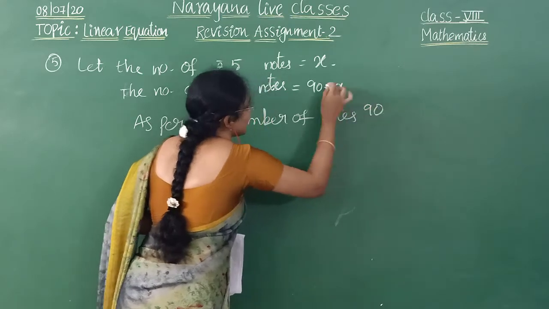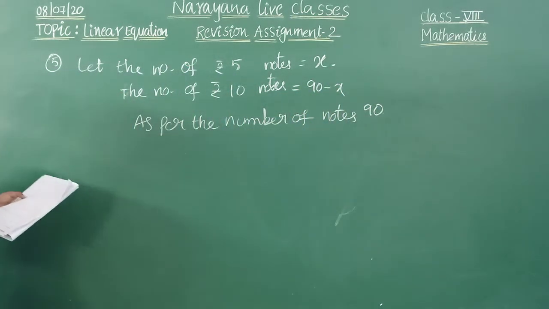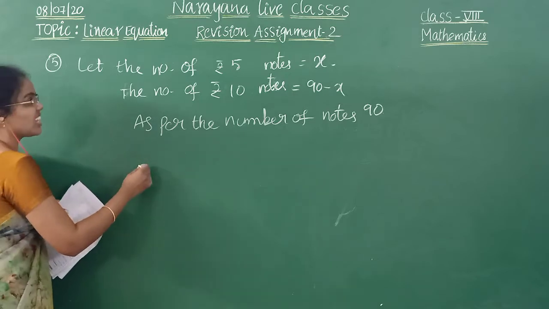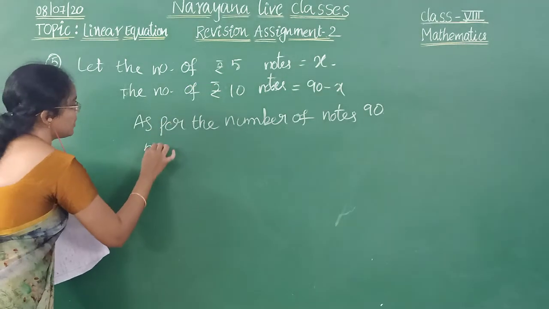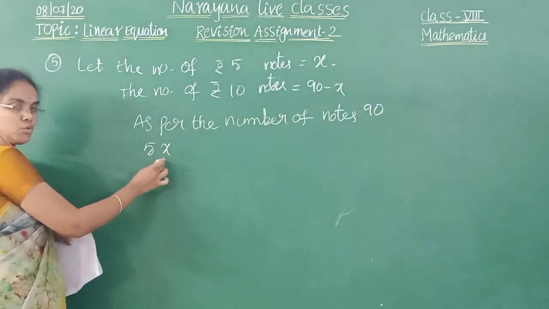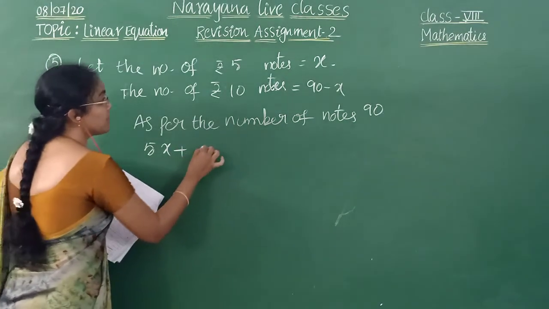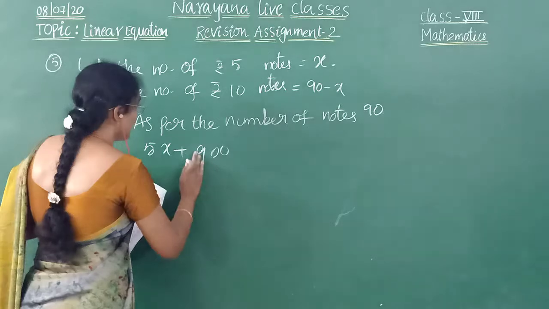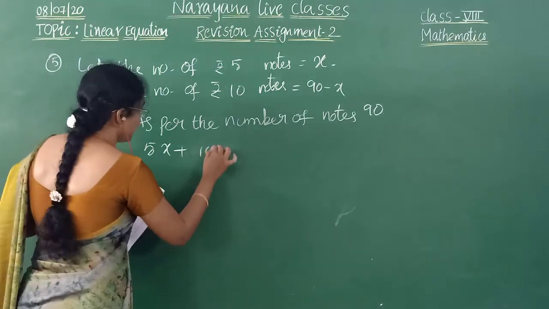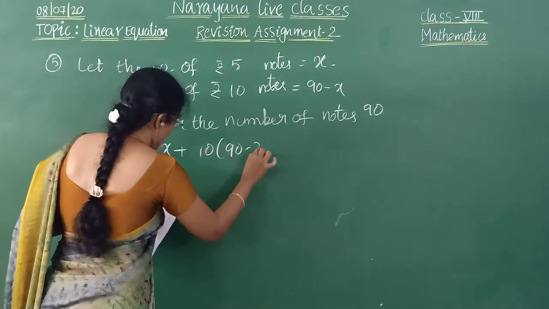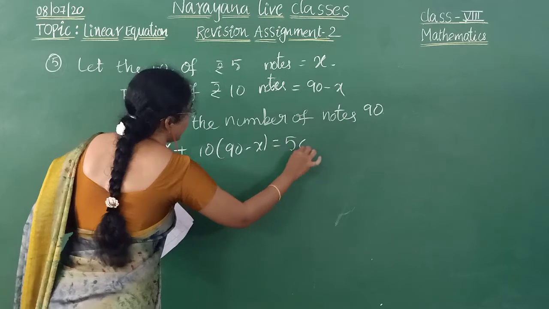By using this we take these two statements. So as per the problem, 5 rupee notes: 5 into x is the amount. 5 into x plus 10 into (90 minus x) is equal to 500.